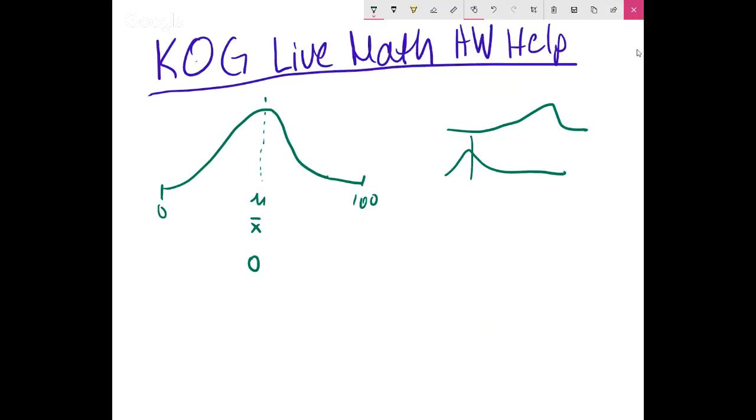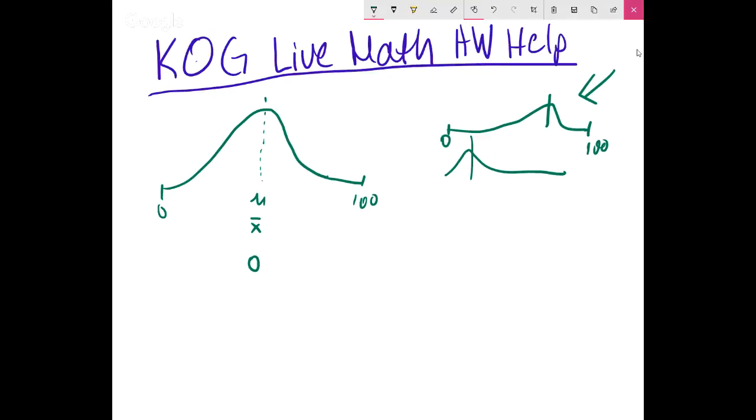And when it looks like this, that means the mean is close to the end of those numbers. So if we're talking about scores in a class, say from 0 to 100, so 100 questions on the test, the numbers will be how many each student got right.